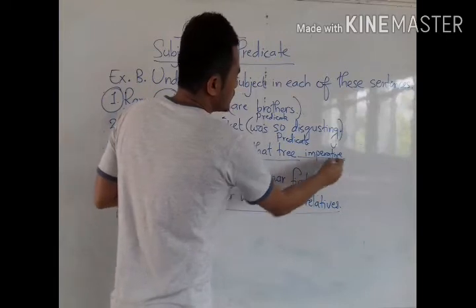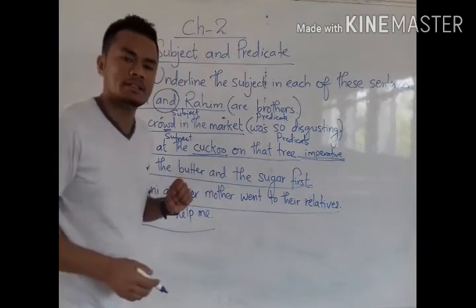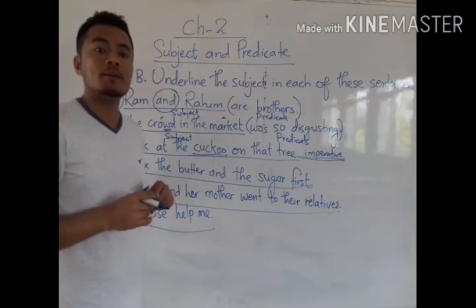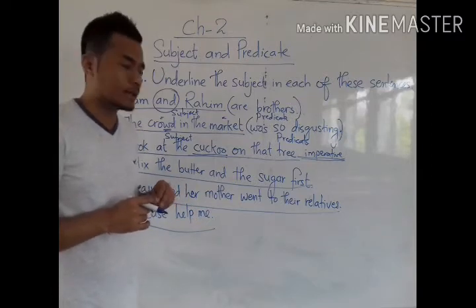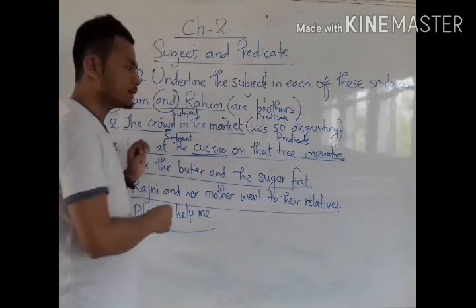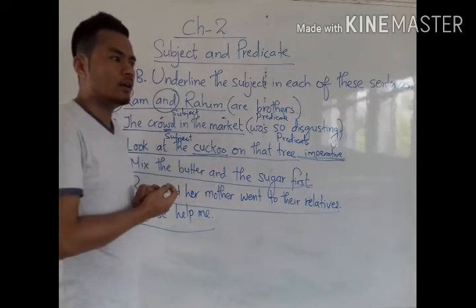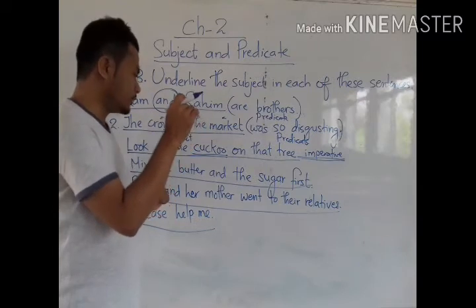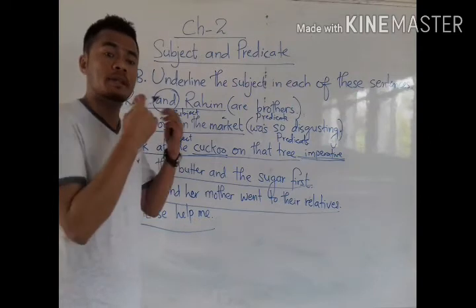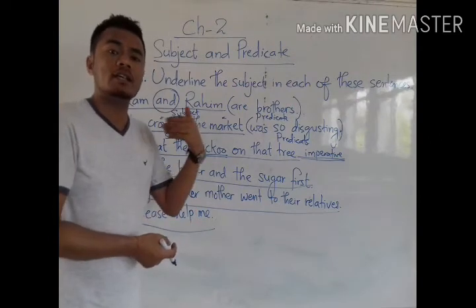And I told you yesterday in my explanation that in case of imperative sentences, subjects are not given. If I am speaking this sentence, look at the cuckoo on that tree, that means I am speaking to someone else by addressing you.